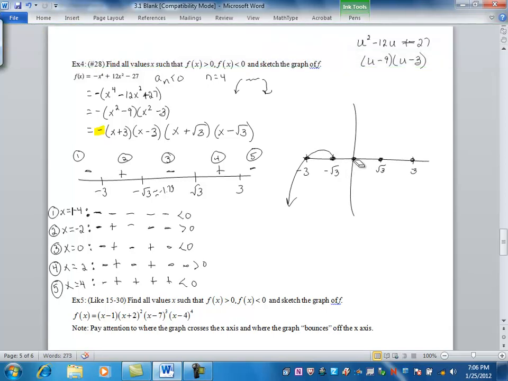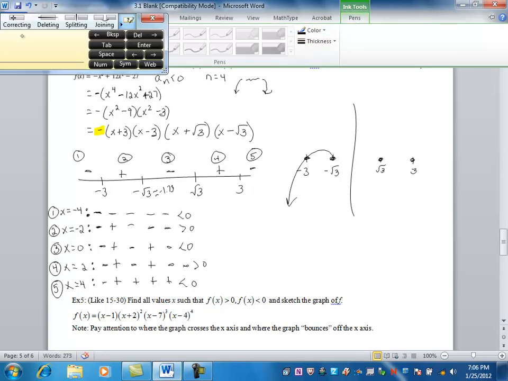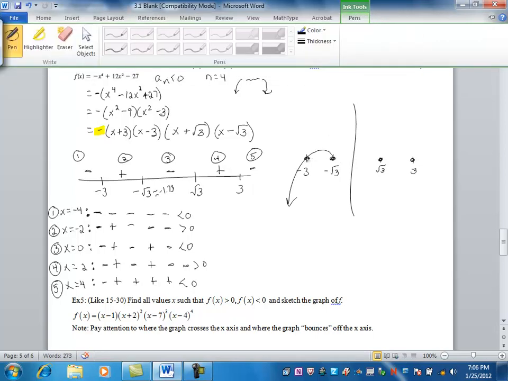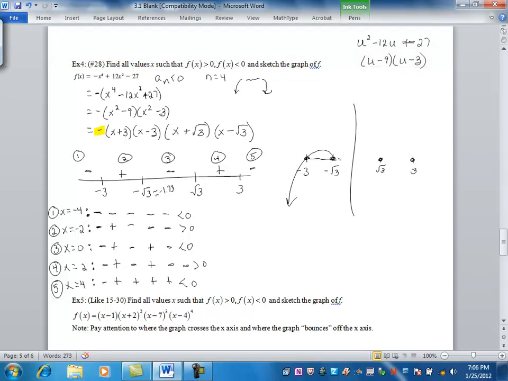I apologize, 0 is not a 0 here. X equals 0 is not a 0. So we stay below the whole time, then from root 3 to 3, we come back above, and then down below. Okay, so here's our polynomial here, and our end behavior is as to be expected.